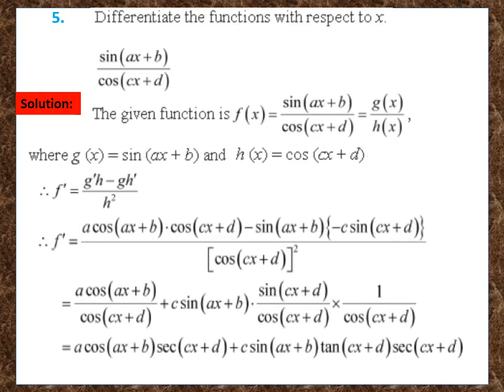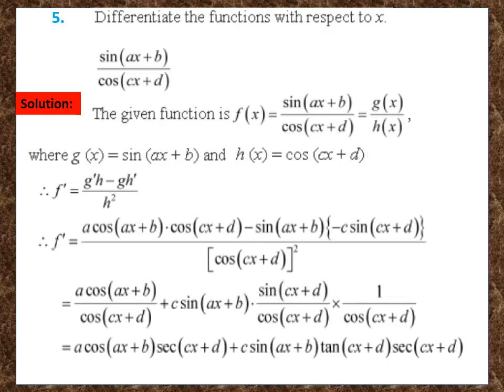You can see that I've written f' = (g'h − gh')/h², which is simple: differentiation of numerator multiplied by denominator minus numerator multiplied by differentiation of denominator, upon denominator square. This was the property that we have learned for the division rule. So here our numerator is sin(ax + b) and denominator is cos(cx + d). So simply putting the differentiation of numerator and denominator in the given formula, you will get your final answer.